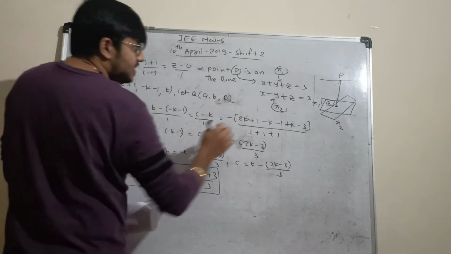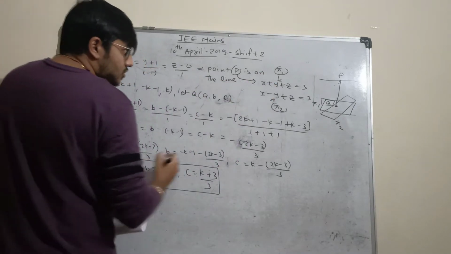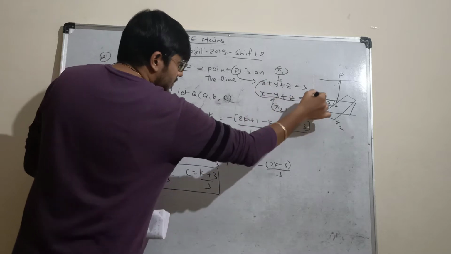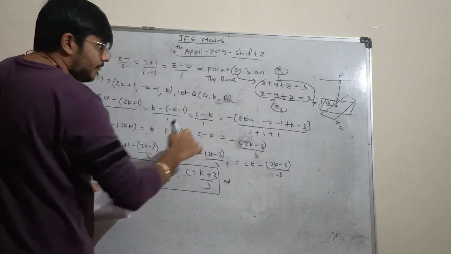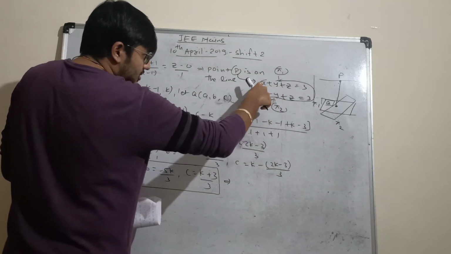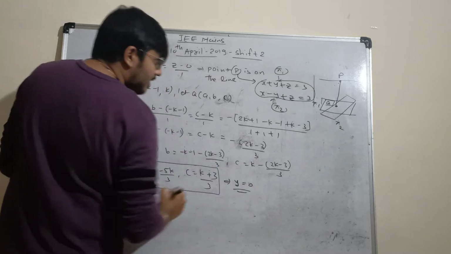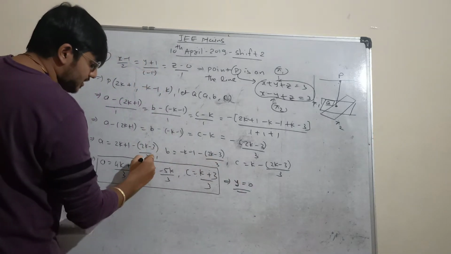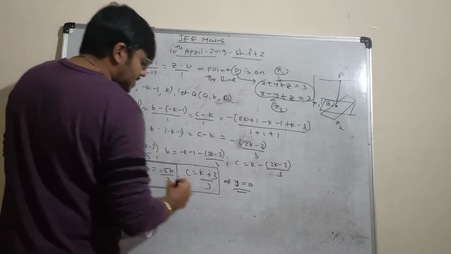Now Q is the intersection of these two planes, right? So let me take the intersection of these two planes. If we do the subtraction, the x terms cancel, which means y equals 0. So this is the y coordinate of point Q, which is 0.